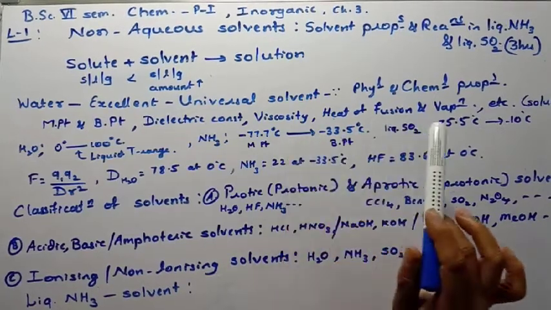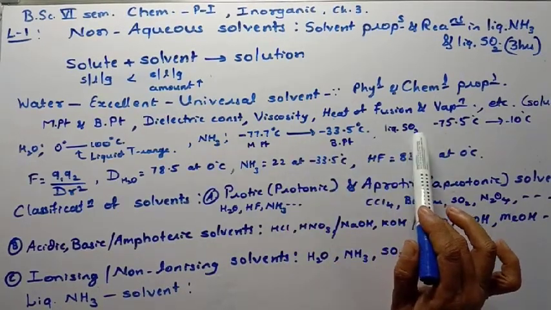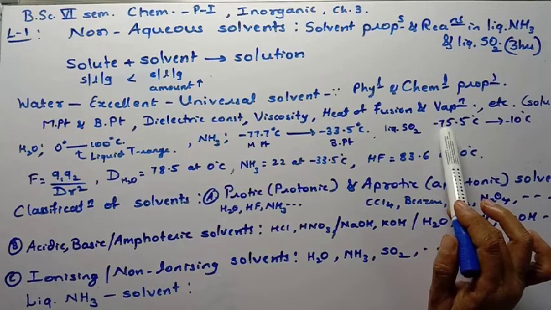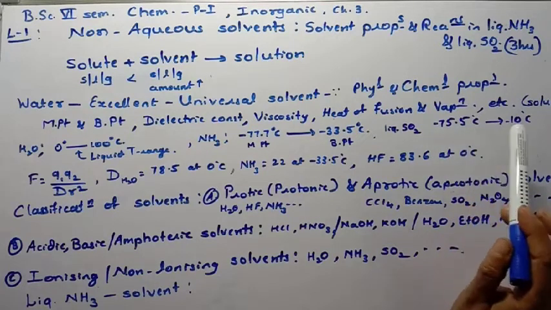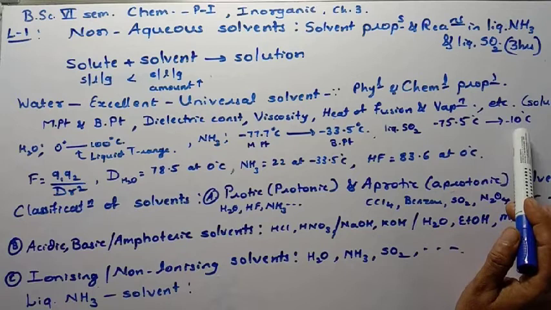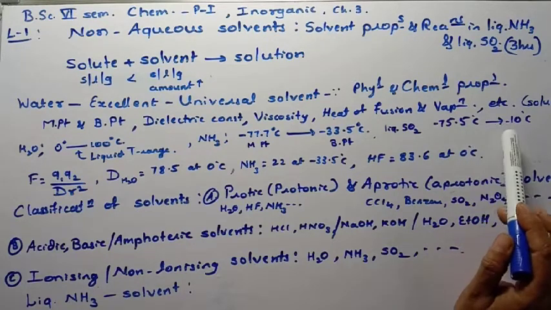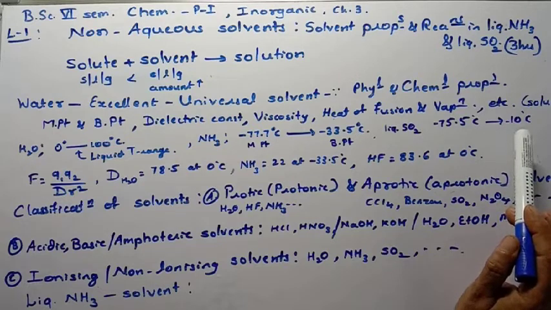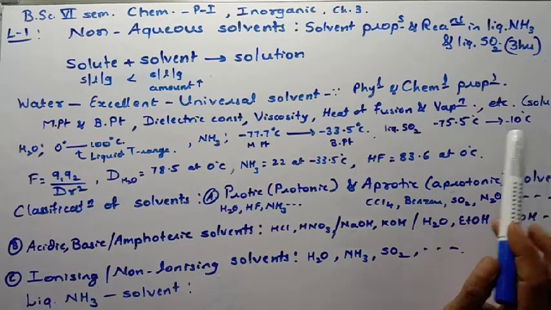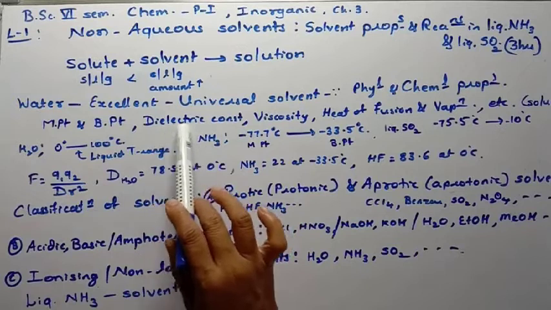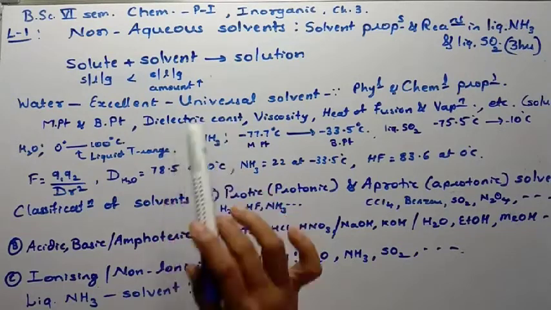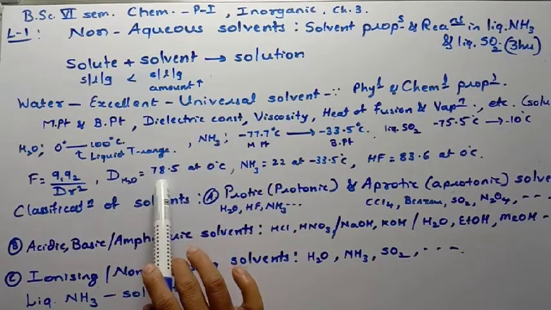In the case of liquid sulfur dioxide, the melting point is minus 75.5 degrees and the boiling point is minus 10 degrees Celsius. This is also at a very low temperature, and it has its own liquid range. Water has a very high dielectric constant of 78.5.